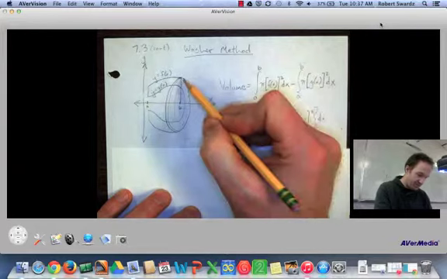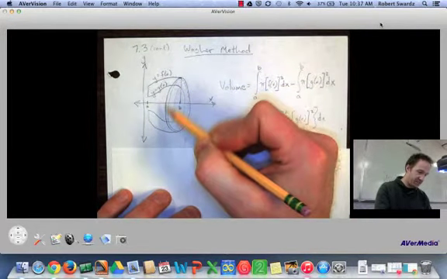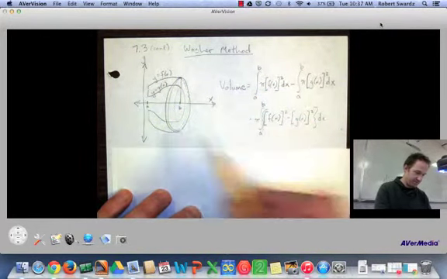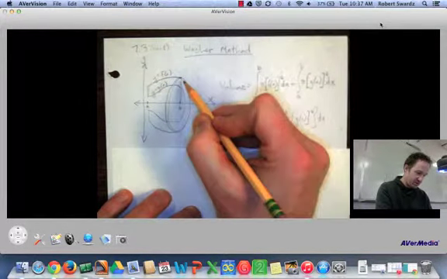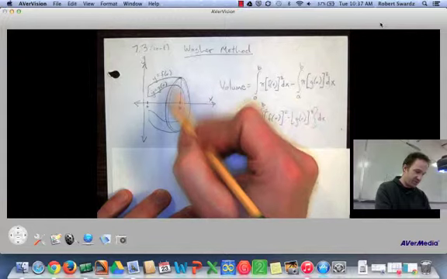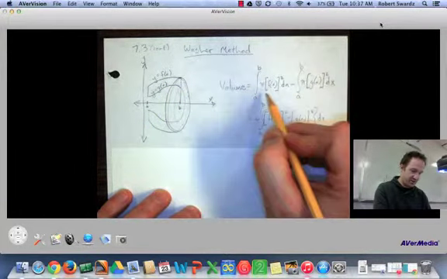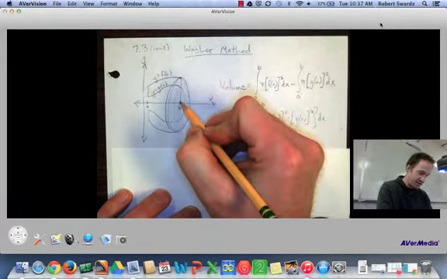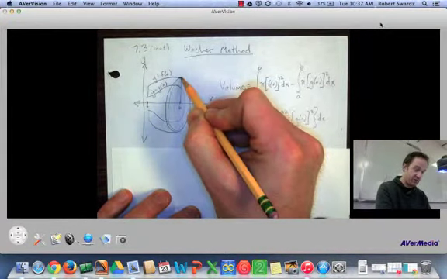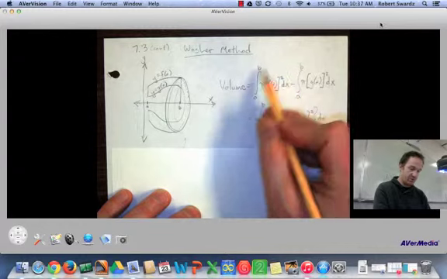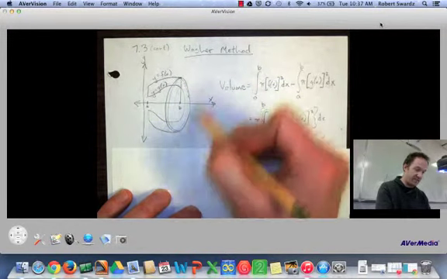So the big disk here is, well, our thickness is an x quantity, so we've got dx. It's a disk, so pi r squared is our area, pi, and then the radius is a y coordinate, so that's f of x squared. So this is the volume of the big disk without the hole.